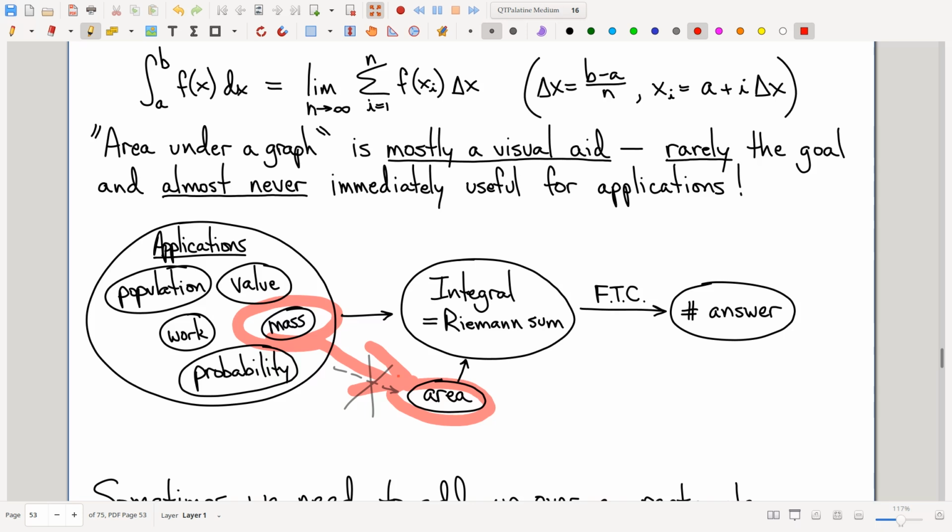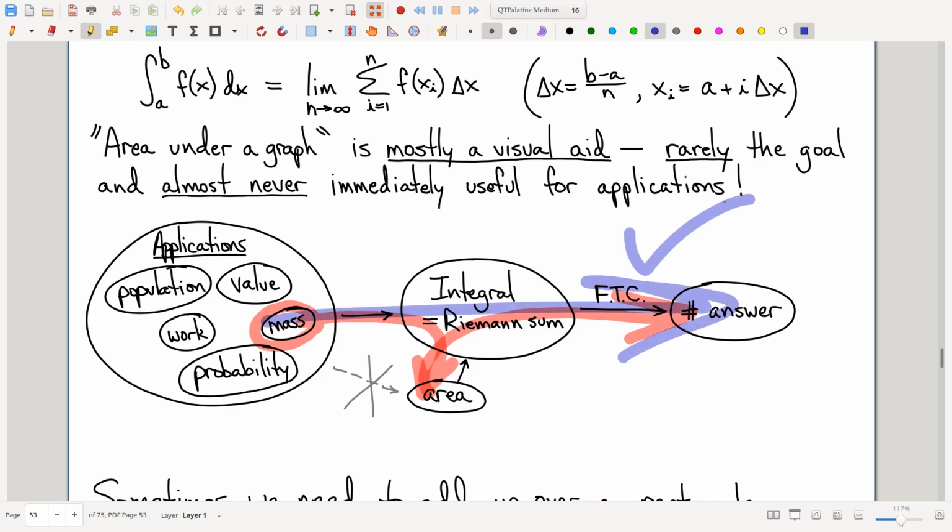And then they happily go on with the computation. But I'm just like, what? Where did this area come from? Now, if you really press a Calc 1 teacher on this, they will make an argument that I'm going to call just next door to making a Riemann sum argument. And then, having persuaded me that I can think of mass as an area, they'll say, and that area is something we can compute as an integral with the fundamental theorem of calculus. At which point I counter, okay, well, why didn't we just do this? What purpose did that little jaunt into discussing area serve?